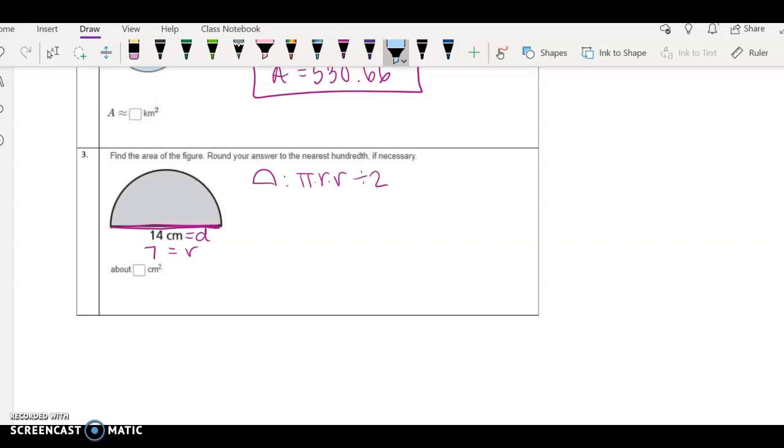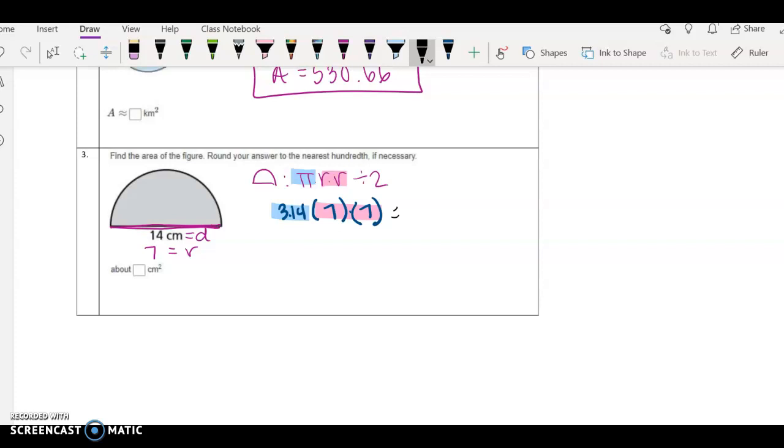So now I plug that in. So for pi, I plug in 3.14 times my radius, which was 7, times my radius, which was 7. And I plug all of that into my calculator.